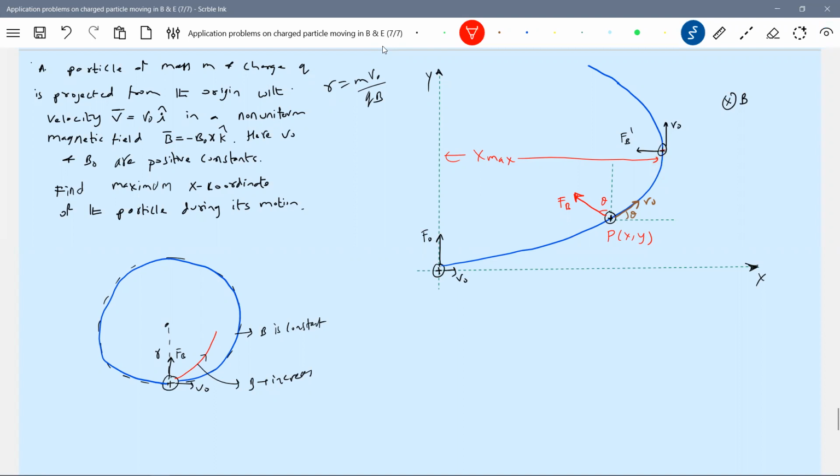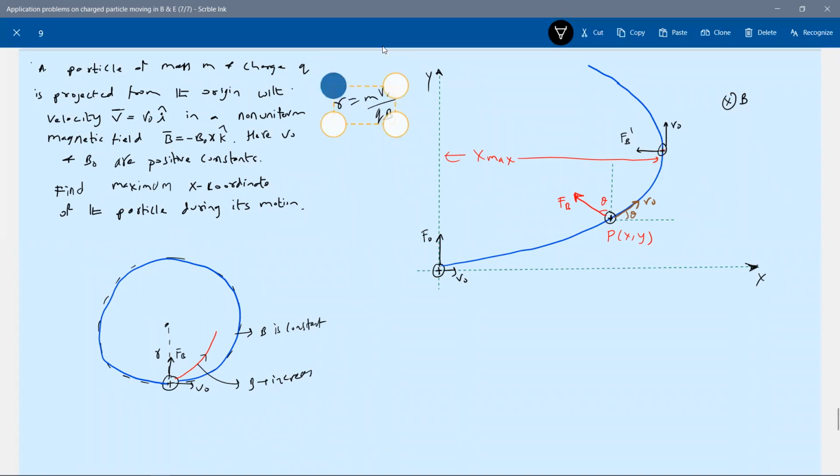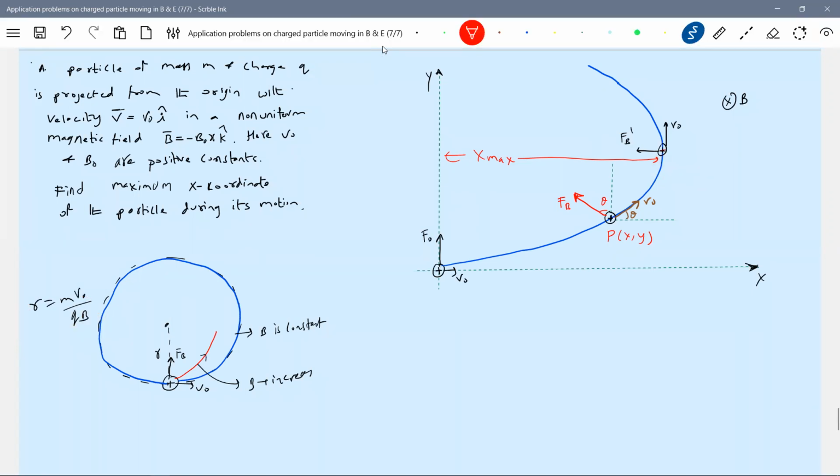At maximum x displacement, at maximum displacement along the x-axis, the velocity of the particle will be directed along the positive y-axis.